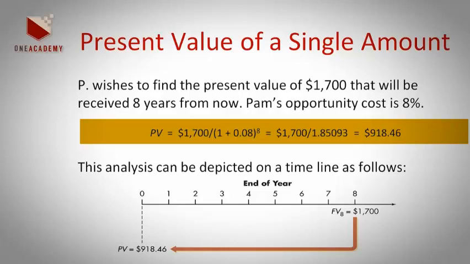So what Pam now knows is if she has $918 as of now in her pocket, how does it relate to the future value of $1,700? I will try to sum up here with the present value.